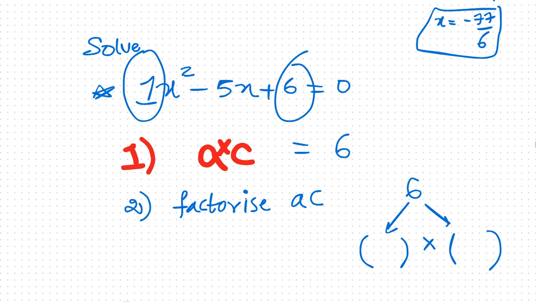So something times something equals 6, and something plus something has to equal the middle term, negative 5. The question was, is 6 an even number?